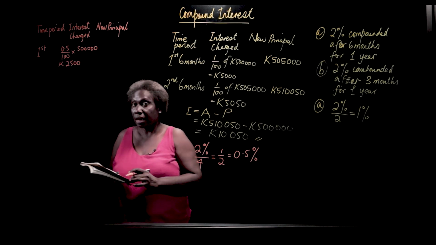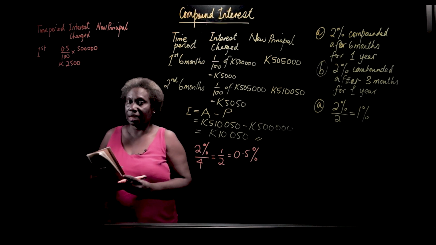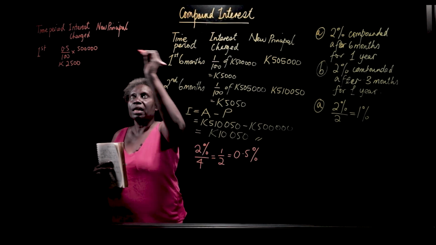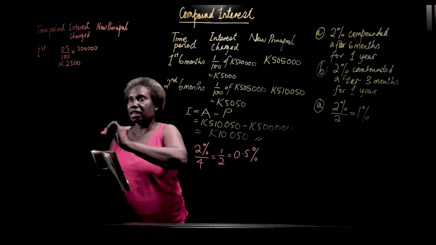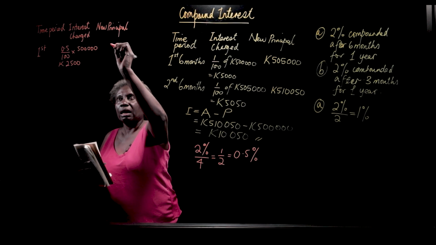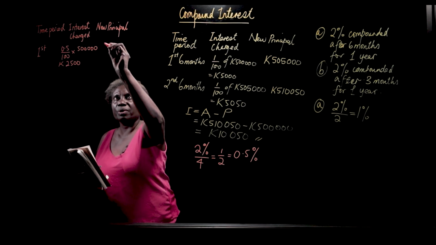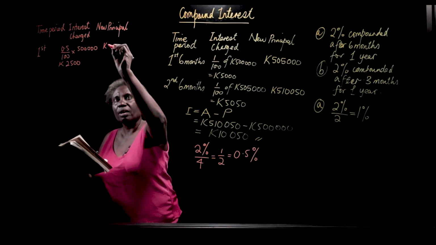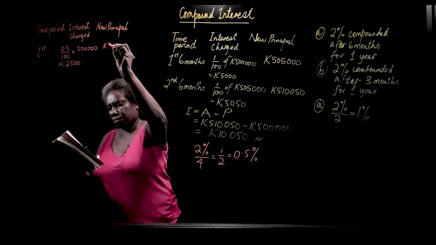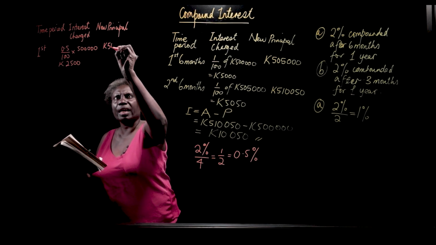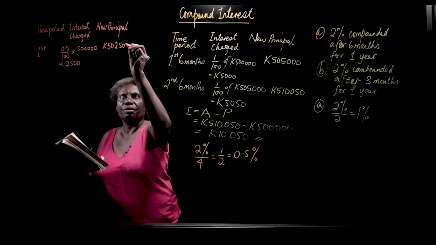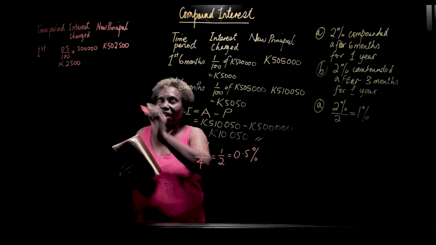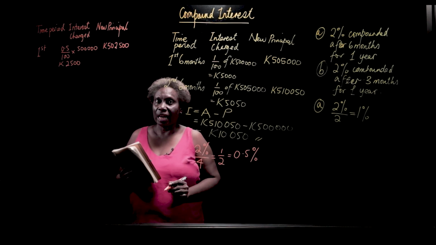That will be the interest added at the end of the first quarter. So the new principal will be 500,000 plus 2,500 kina, which will be 502,500 kina. That is the new principal at the end of the first quarter.